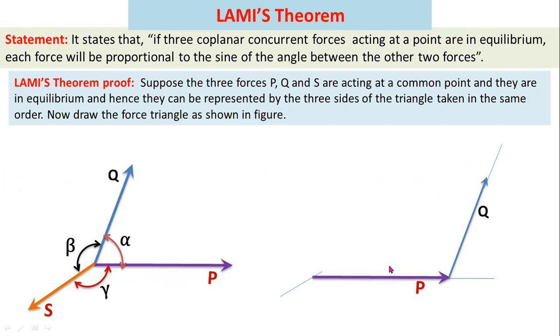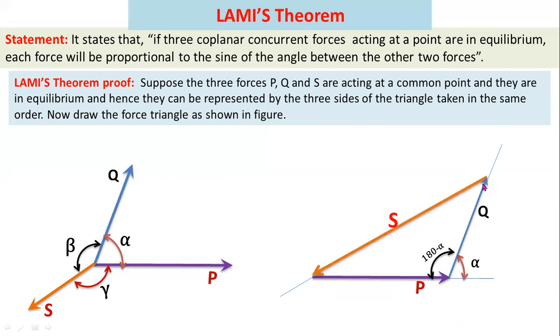Now this is the alpha angle between Q and P force, and this is the other remaining angle, 180 minus alpha. Now you have to consider this third force as it is, like this.